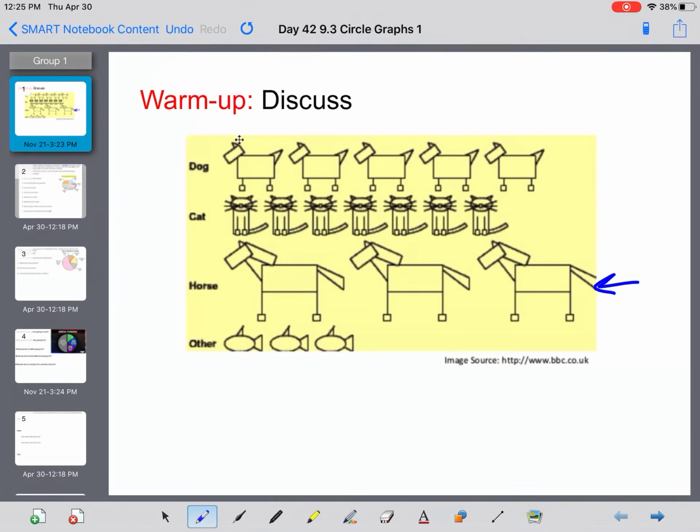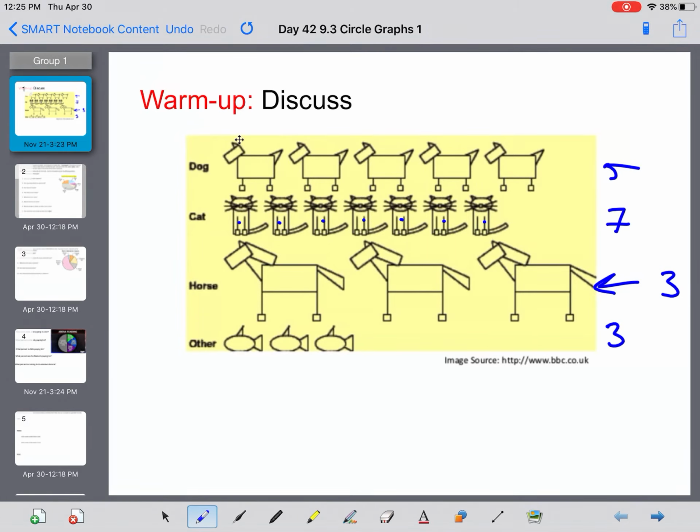However, if we actually count each individual pet, so if I'm counting the cats, I have 1, 2, 3, 4, 5, 6, 7 cats. I have 5 dogs. I have 3 horses and 3 that fall in the other category. So there are definitely the most cats, but I don't get that represented visually within this picture, because cats are actually only the 3rd longest bar here.